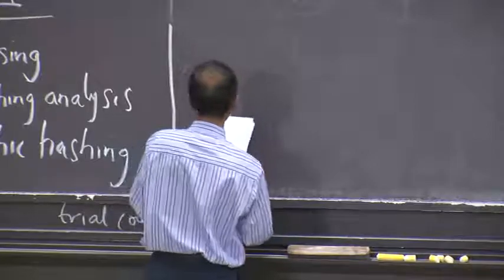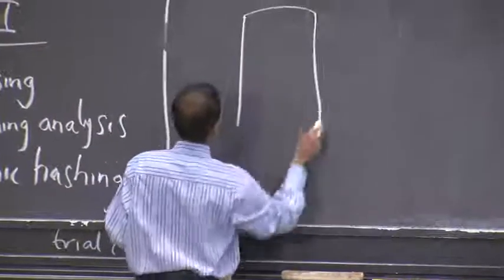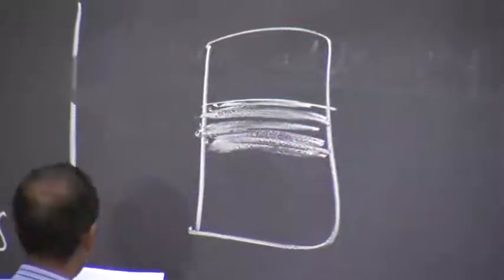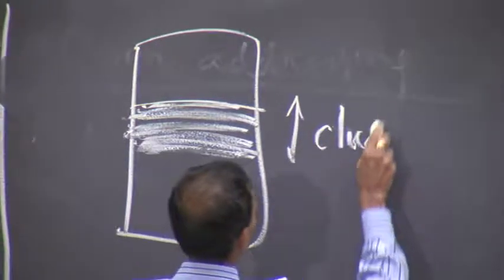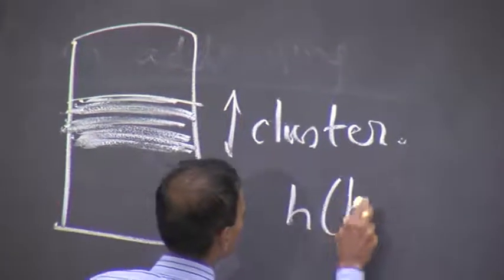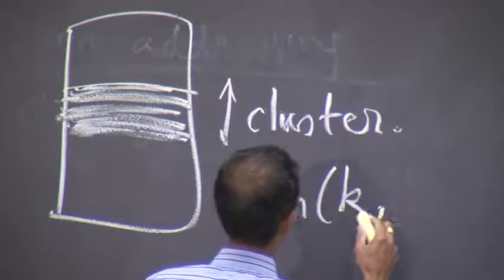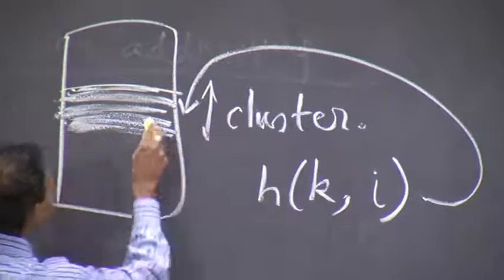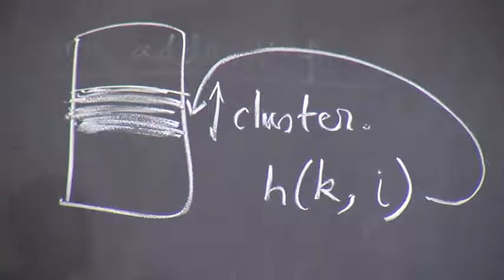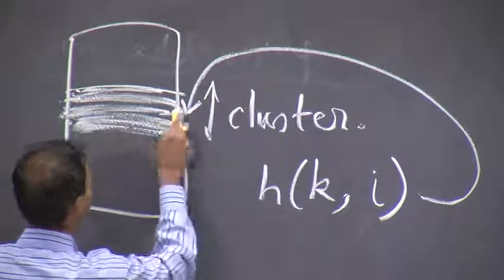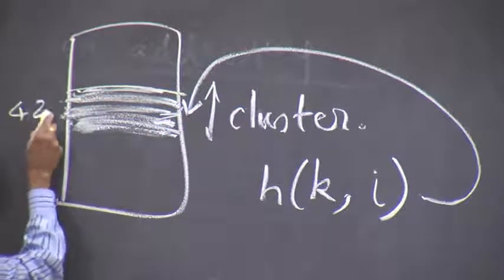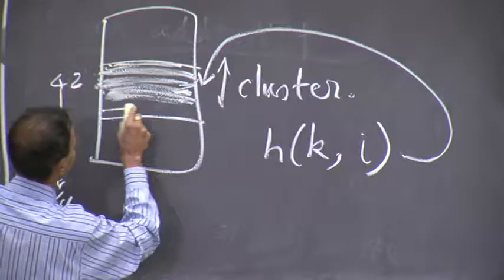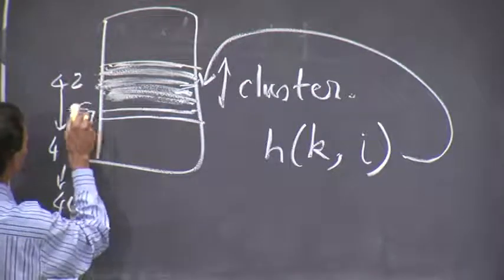So what's happening here pictorially is that you have a table, and let's say you have a cluster. And this is your cluster. So if h(k, i) maps to this cluster, then linear probing says that if you map to 42 in the cluster, the next thing you're going to try is 43, 44, until you get maybe to this slot here, which is 57, for argument's sake.